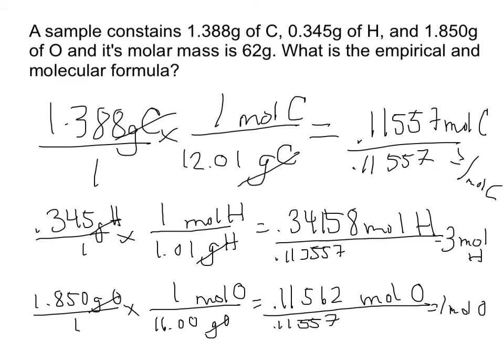So next, I'm going to write my empirical formula from this. I see that I take the 1 that was with the carbon, the 3 that was with the hydrogen, and the 1 that was with the oxygen. Remembering when I write empirical formula, I do not include the 1s.